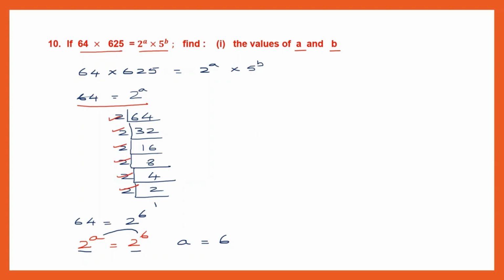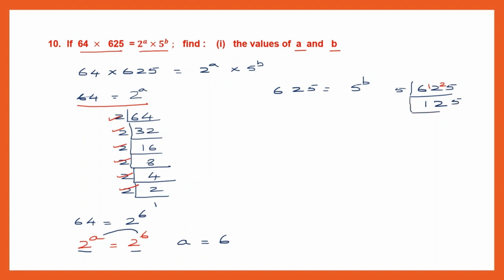So let's write that. 625 is equal to 5 raised to the power of b. So let's divide 625 by 5. 5 ones are 5, but the number is 6, so there's one left, it's 12. 5 twos are 10, 11, 12, so there's 2 left, 25. 5 fives are 25.